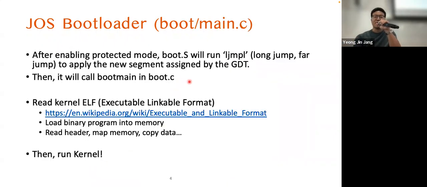After that, because we can access more than 1 MB of memory, we will load the kernel file, which is built by GCC whenever you type make or make qemu-nox. That will be formatted in the Executable and Linkable Format, ELF.